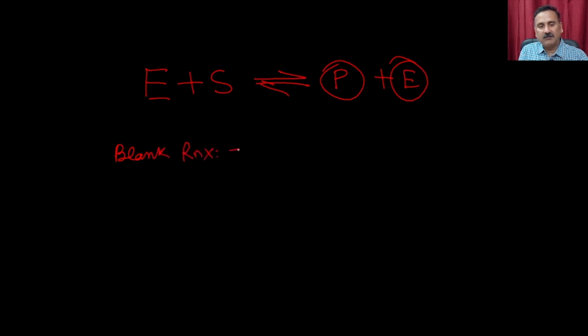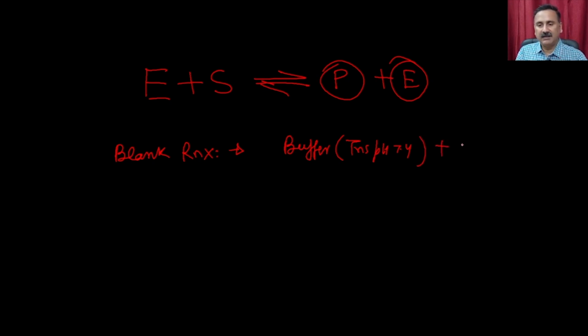So in a blank reaction, I'm going to take the buffer, for example Tris pH 7.4, and add any kind of salt or additives.